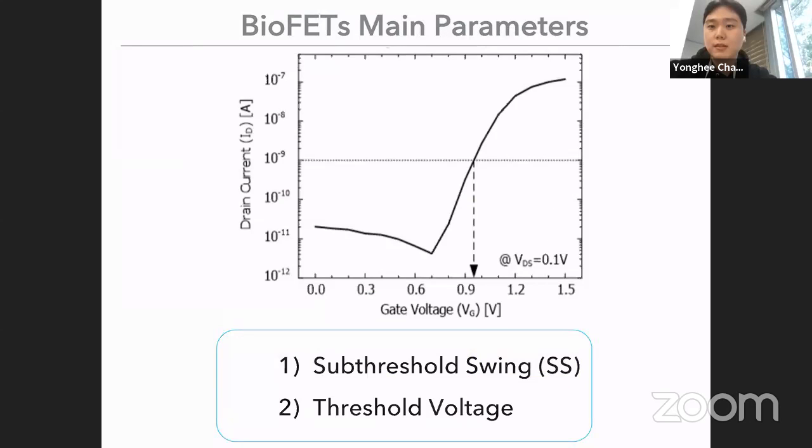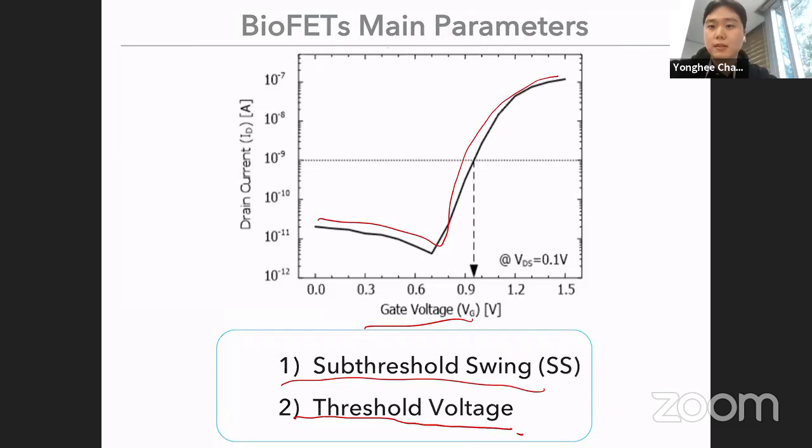Next, let's briefly check the BioFET's voltage-current curve. In this graph, the induced voltage creates the channel, flowing current. And there are two main parameters in a BioFET. The first one is subthreshold swing, and the second one is threshold voltage.